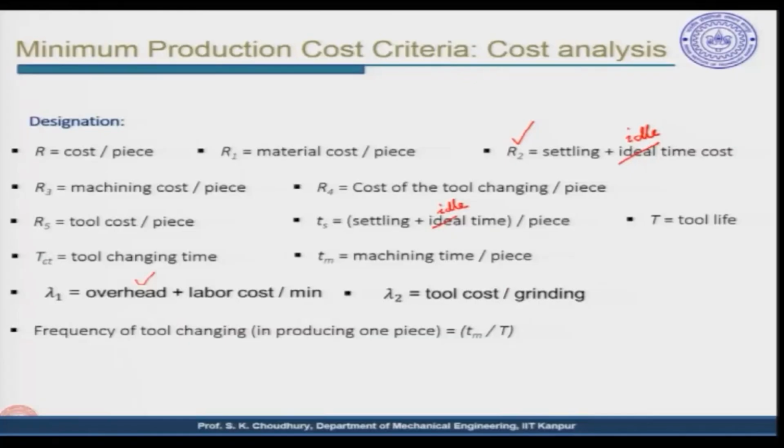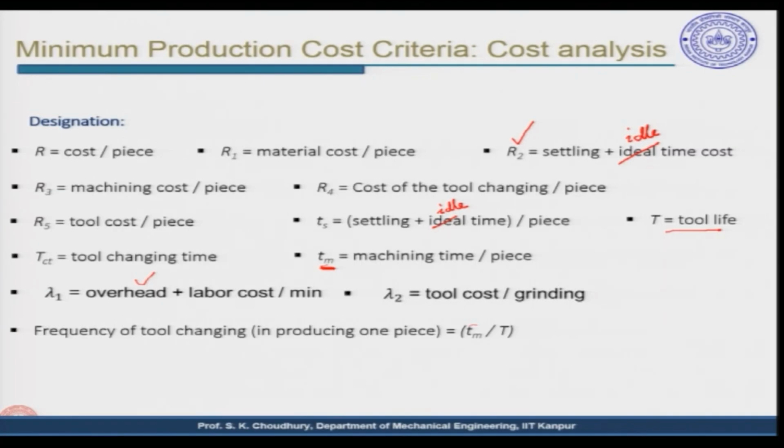Now, the frequency of tool changing in producing one piece is the machining time Tm divided by the tool life, which tells you how many times you are changing the tool.